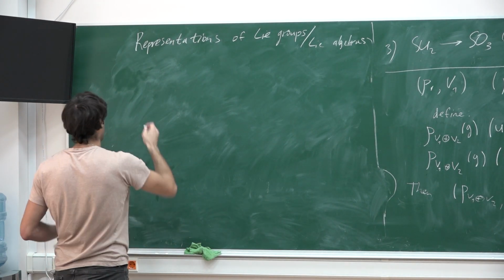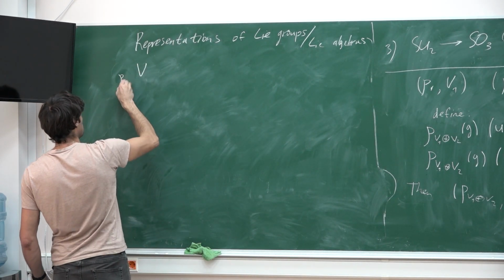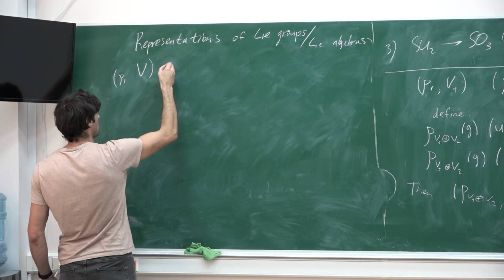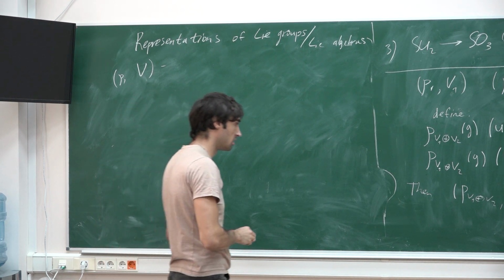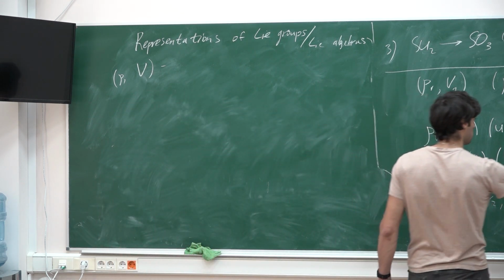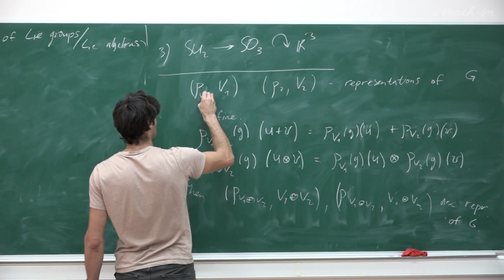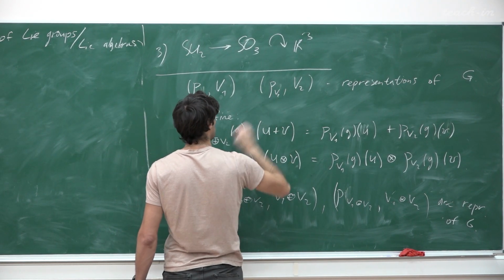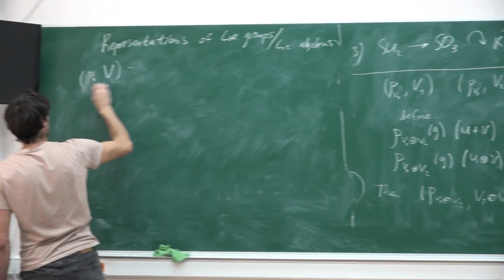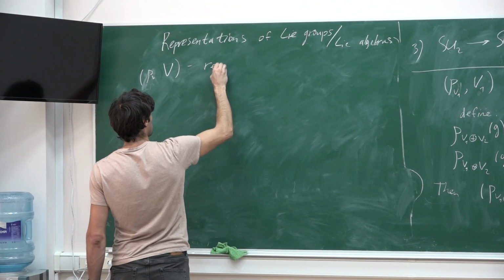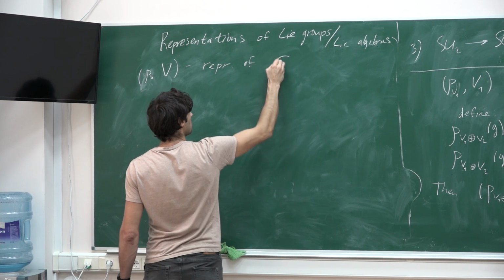So if I take rho V, by the way, here I write V1, V2, so here maybe I should do it like this. And here also rho V, it's a representation again of G.